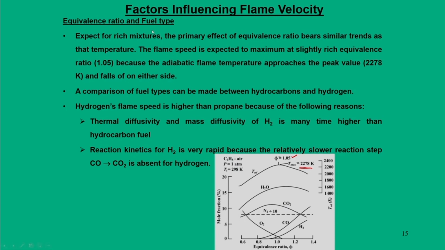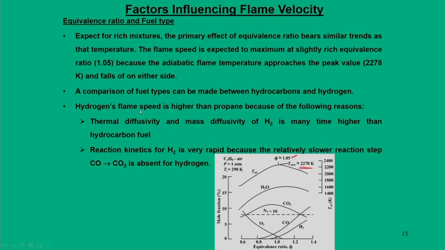Another comparison is with respect to fuel type. One can make a distinction that hydrogen is considered to be one of the green fuels, whereas hydrocarbon fuels are used as conventional fuels. If you look at hydrogen combustion, hydrogen flame speed is higher than that of propane or any hydrocarbon. That is mainly because the thermal diffusivity and mass diffusivity of hydrogen are much higher than the hydrocarbon fuels.